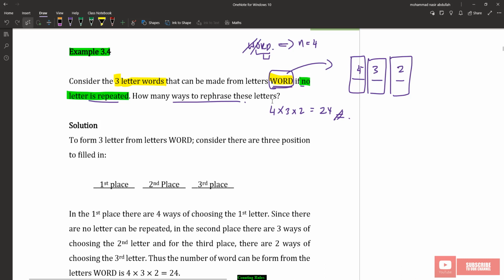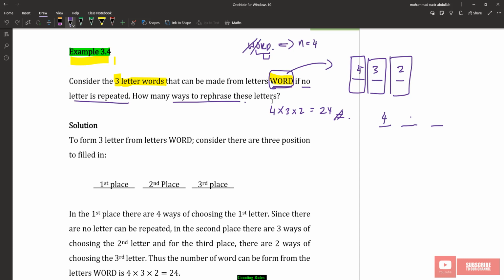So let's say for example 3.4, we change the condition. Instead of no letter is repeated, let's say letters can be repeated. Repetition is permitted. So let's say we have steps 1, 2, 3. The first step we have 4 choices.